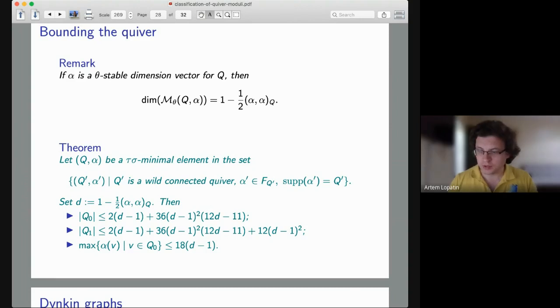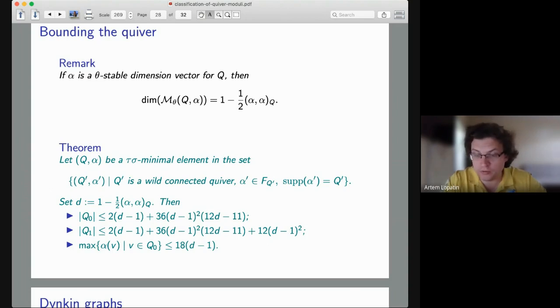Well, I have another very naive question. Maybe it's not exactly related to your talk, but for example, we can consider simple representations or semi-simple representations of fixed dimension.